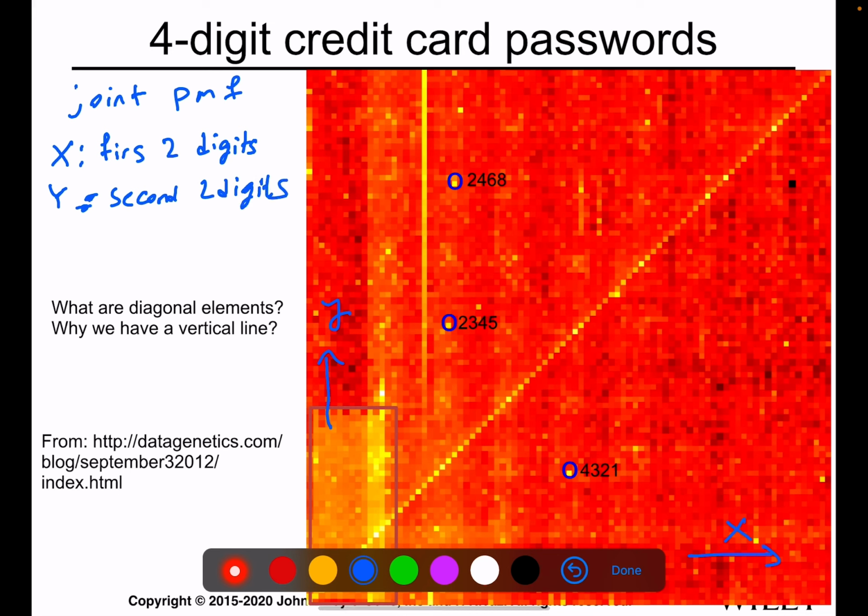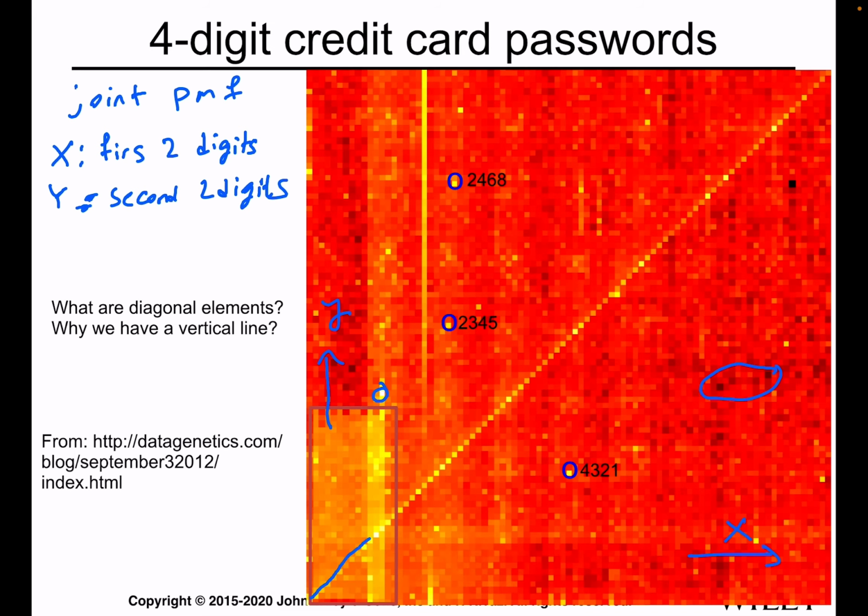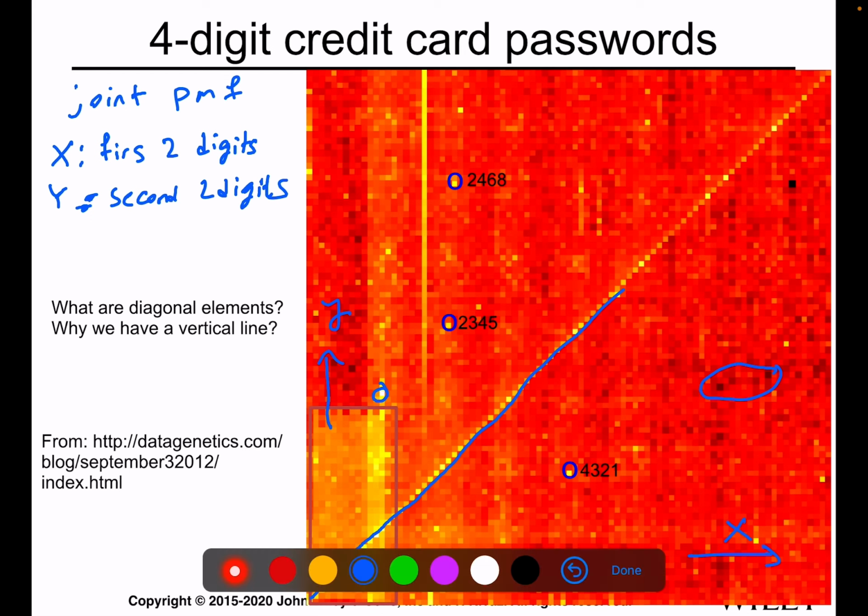And then colors here represent probabilities. Bright colors show very large probability, and dark colors show low probability, right? So from this graph, we see, for example, that many people picked passwords which have the same X and Y, meaning passwords such as 8585.